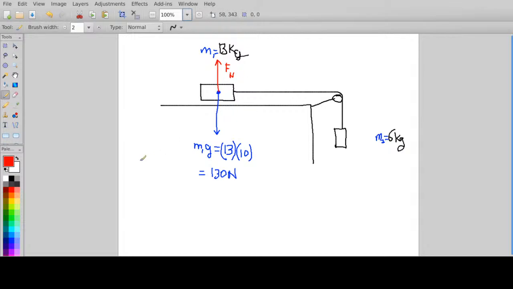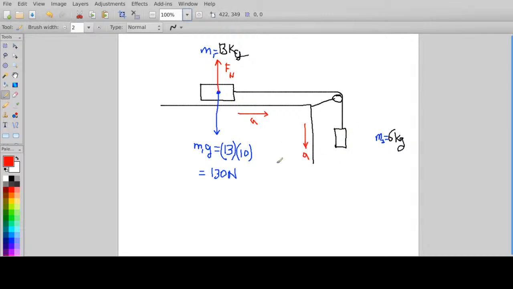Okay. And then you ask, okay, is there another force? Well, when this system starts to move, it's going to start to accelerate this way. And then therefore the velocity is going to be in the same direction eventually. Again, it's going to accelerate down like that. So this box accelerates to the right.